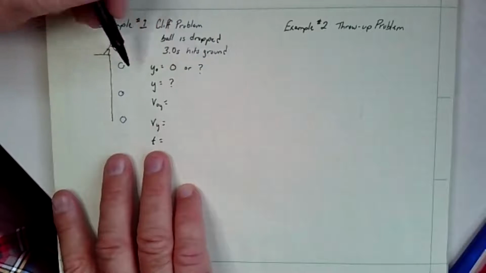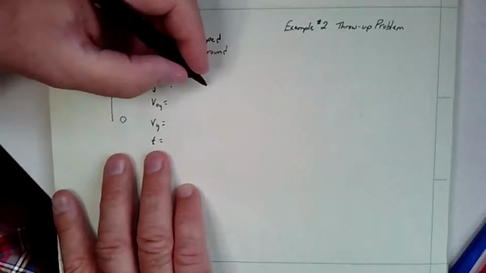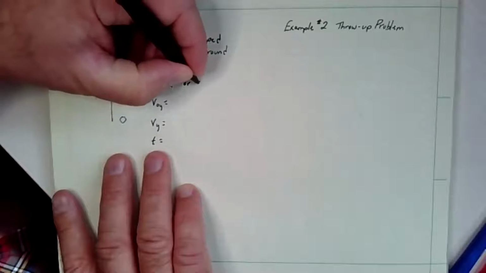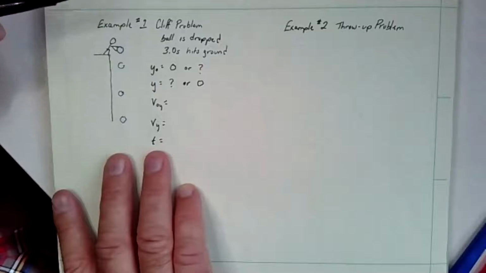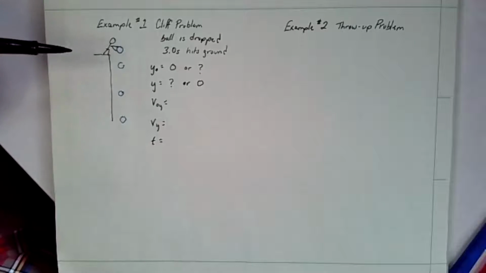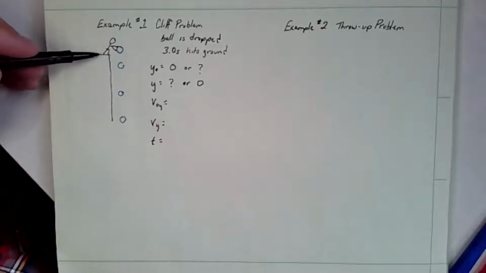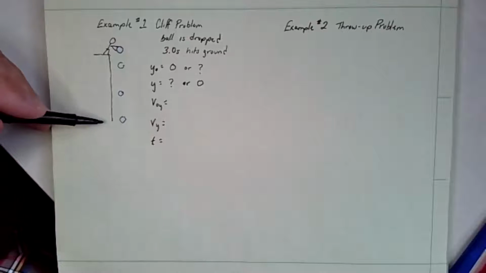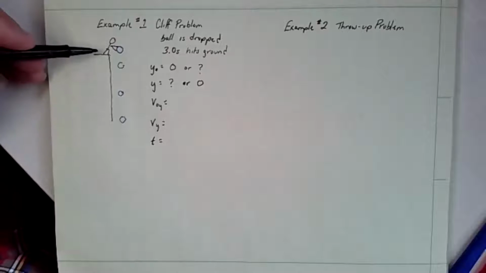But if we set initial height to be what we're looking for, then that means our final height is equal to 0. Now, both of these are legit because the delta y is still the same. That's just a choice of reference points. So it doesn't matter whether this is 0 and this is a negative number, or this is 0 and this is a positive number.